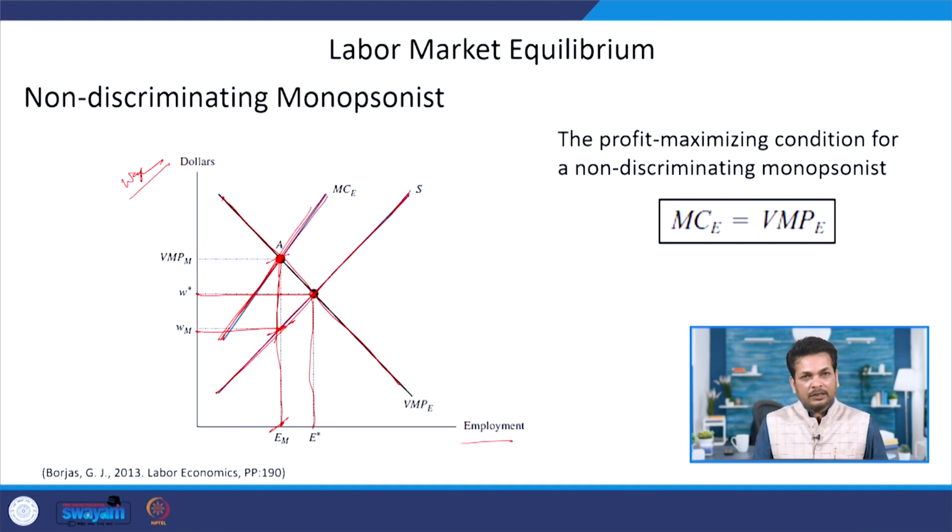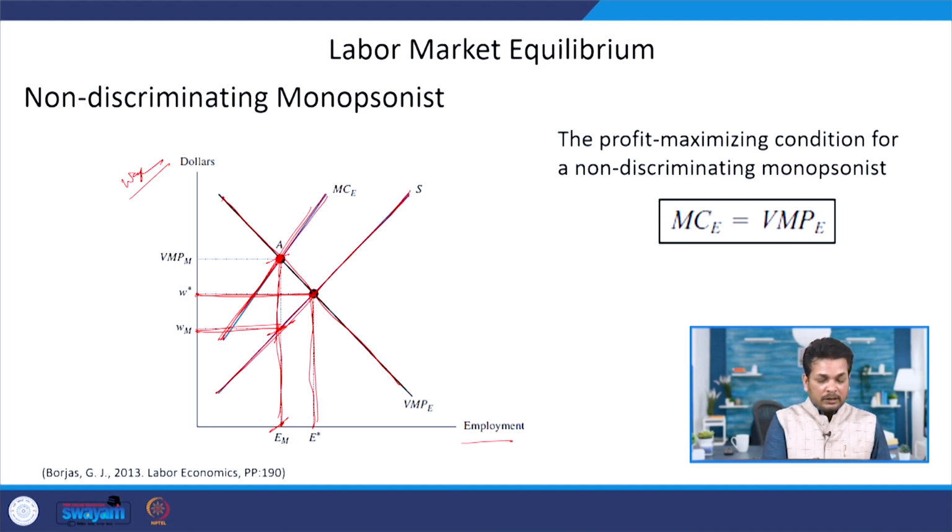When we compare with the outcome of this non-discriminating monopsonist, where the wage rate is WM and the employment is EM, to a competitive environment where W star is the wage rate and E star is the employment, then definitely we can see that a non-discriminating monopsonist pays a lower wage and employs fewer workers as compared to a perfectly competitive market.